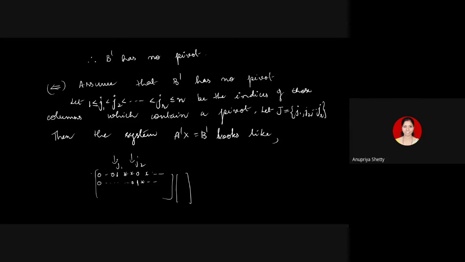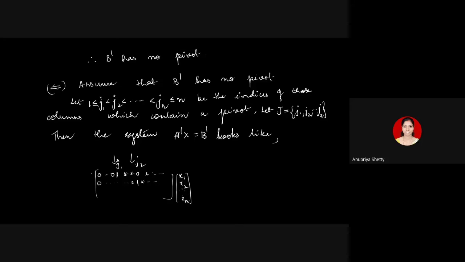When you multiply with the column of unknowns x1, x2, etc., xn, you see here the first 0 gets multiplied with x1, second 0 gets multiplied with x2, and so on. This 1 which is in the j1th position gets multiplied with xj1, right? It gets multiplied with the unknown which is having the same subscript.